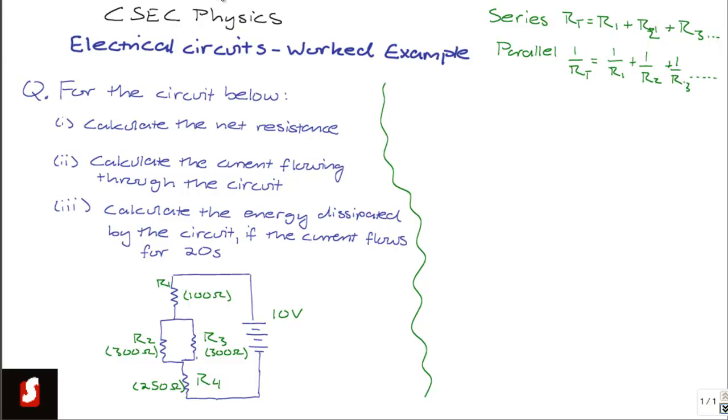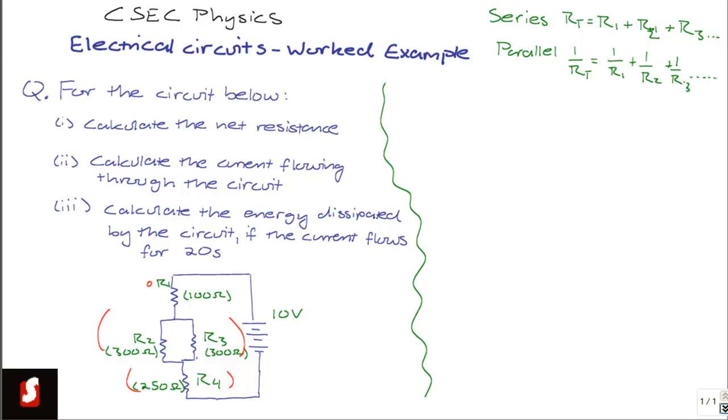So for the circuit below, R1, this first resistor, is in series with this combination of R2 and R3, which is then in series with R4.